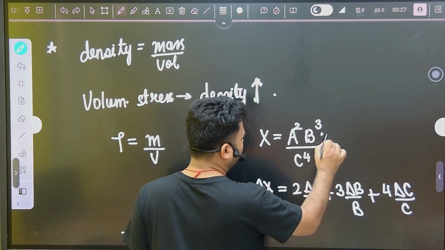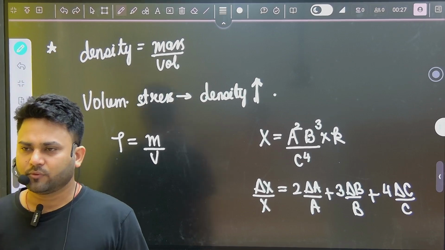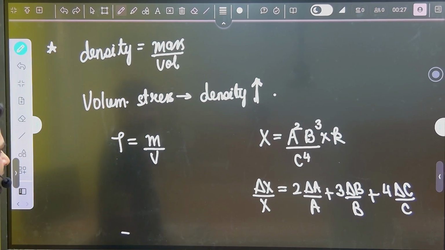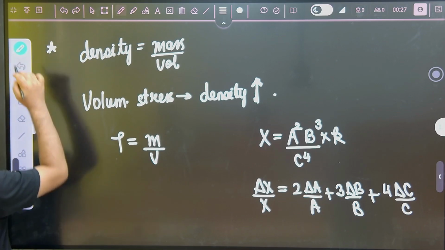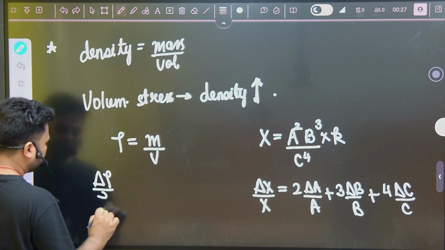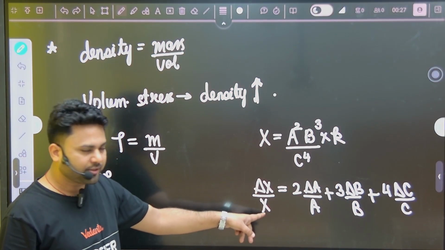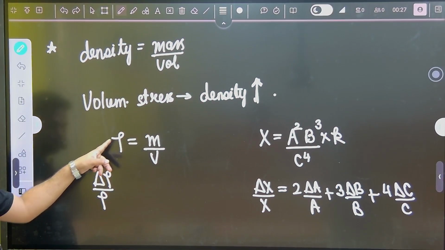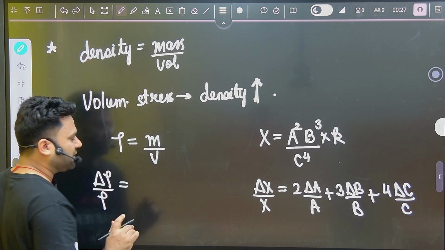But if there is any constant, we don't touch the constant. See here what is happening. Here we can write delta rho by rho, see the pattern, like delta x by x. Here mass is not changing, mass is constant.